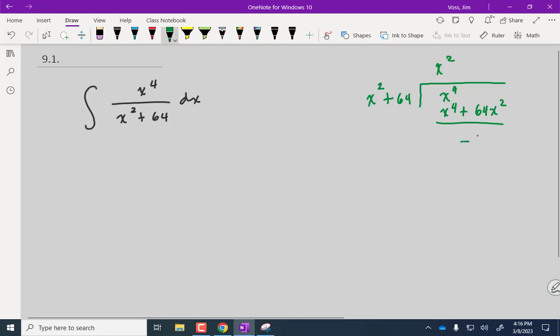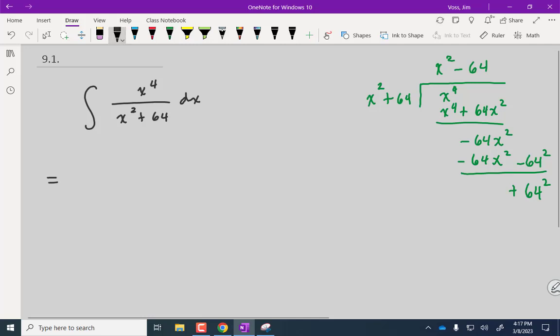So then this is minus 64x squared. And then how many times does x squared go into minus 64x squared? Minus 64. So then we're going to have minus 64x squared minus whatever 64 squared is. We'll just write it like that for a second. And then we're subtracting, so this becomes plus 64 squared.